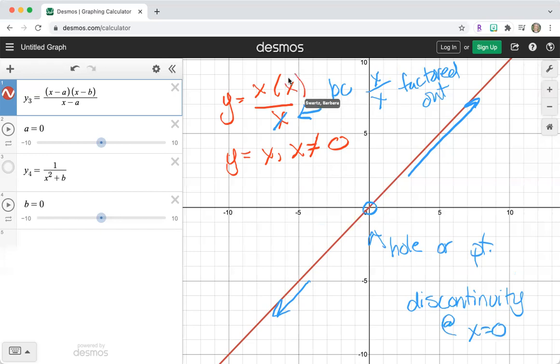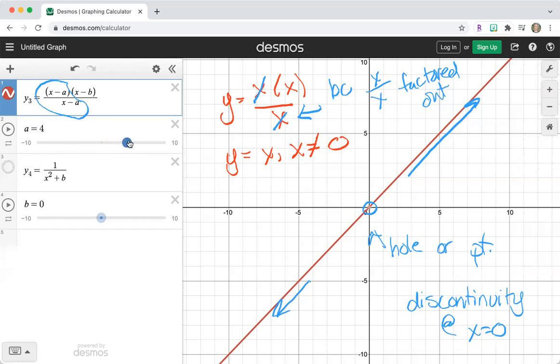If we look here, we have x minus a on the left. So I'm going to divide that x out, because we're going to see that while we'll leave b at 0, so the line won't change, we're going to see where this point discontinuity, this hole, moves, because it's not going to be at 0 if we change a to not be 0.